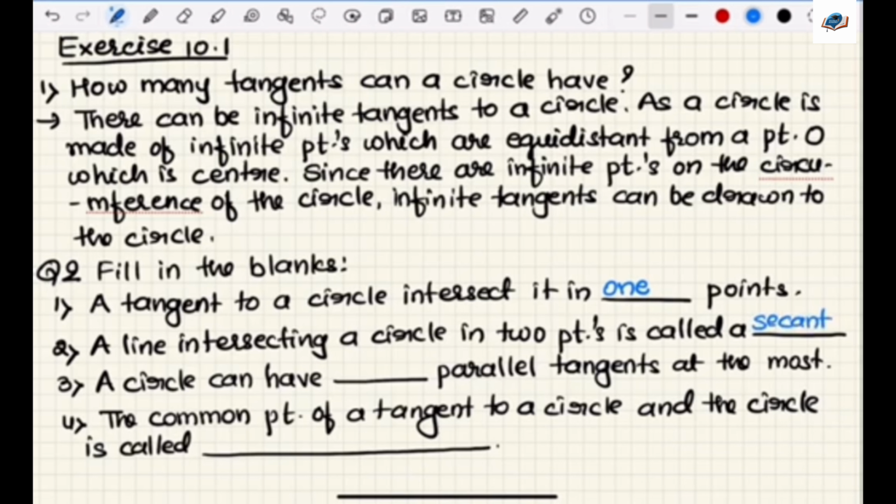So the answer will be secant. Then third, a circle can have dash parallel tangents at most. Here the answer will be 2. Then the fourth one says the common point of a tangent to a circle and the circle is called point of contact.